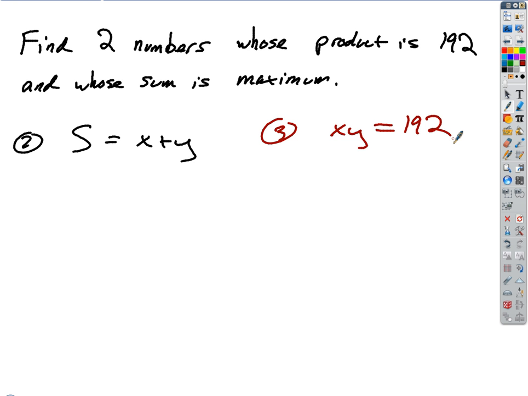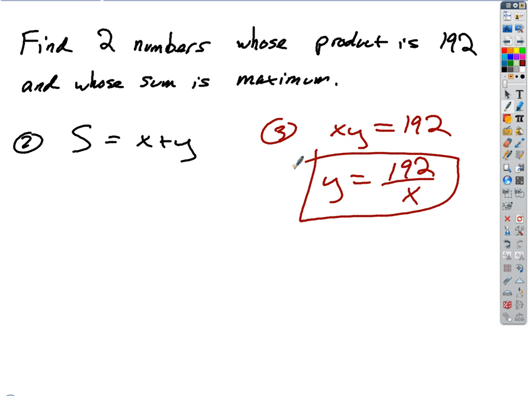No, it's totally symmetrical. We'll just solve for y, arbitrarily. So y is 192 over x. That's the substitution we'll make. And so we end up with the sum equals x plus 192 over x.